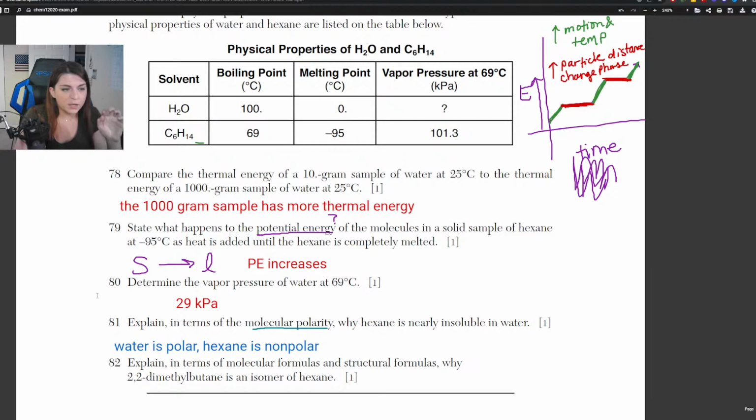So another thing when it comes to water, and I really do bully my students about this, but I bully them with love, okay? When it comes to drawing the Lewis structure for water, I always tell them to draw it at a right angle. Because when you look at this, you will realize that the molecule is lopsided. You have this big negative area over here, and the lack of electrons here makes this a big positive area.